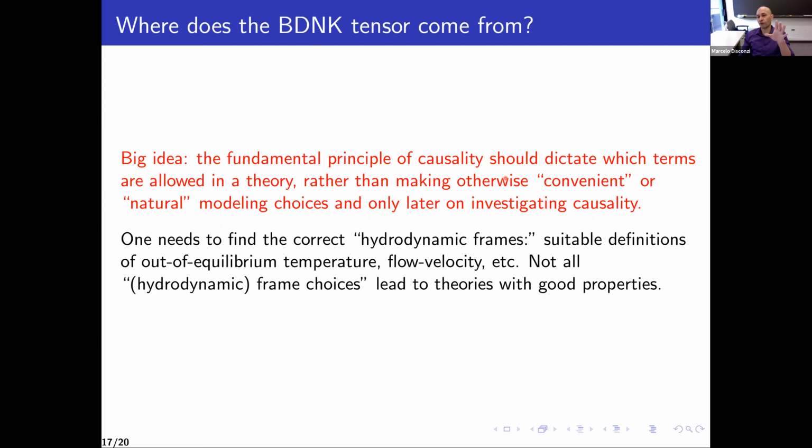In equilibrium, for the Euler equations, what these quantities are comes straight from kinetic theory, but there's a certain ambiguity when you try to define them out of equilibrium. So in a nutshell, we want to make the correct choices for what we mean by these quantities out of equilibrium, choices that are compatible with causality. Okay, I can comment more about this later if you have questions, but that's the basic philosophy. Okay.